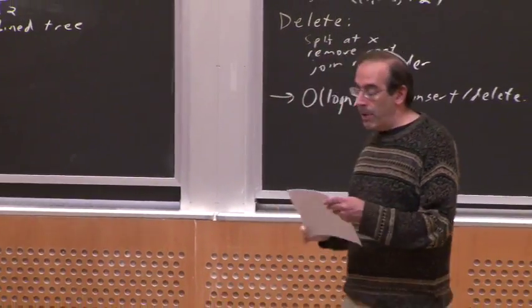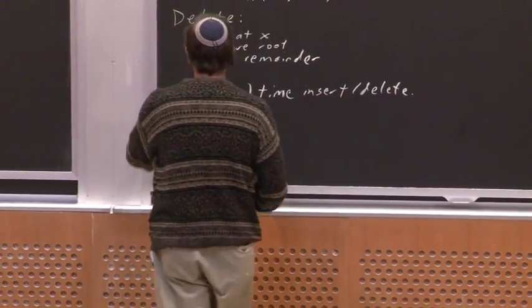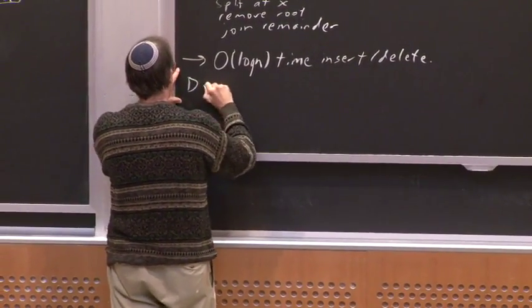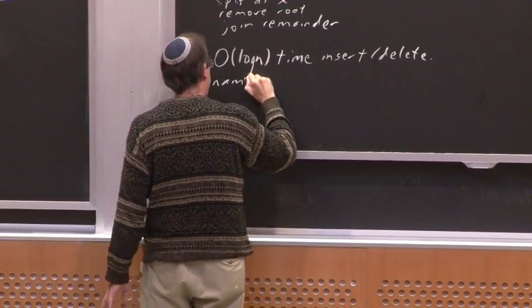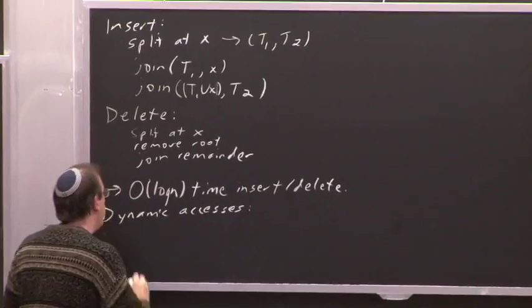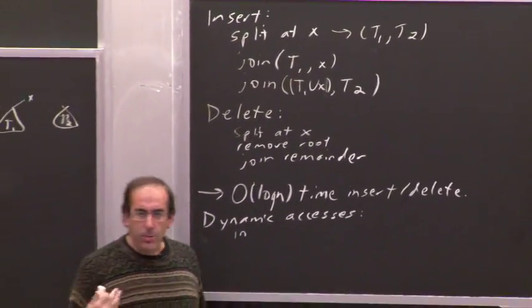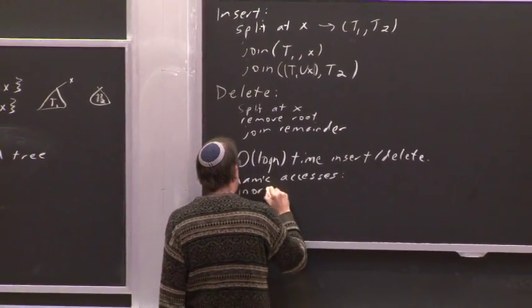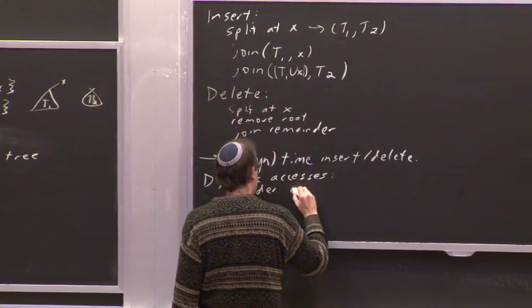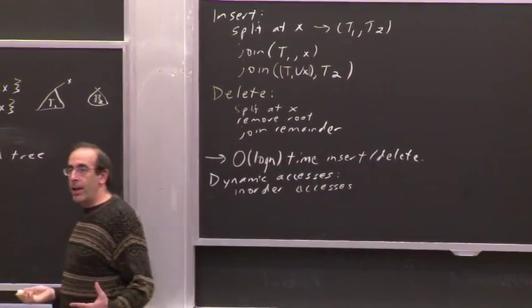Okay. But here's another quick note about dynamic access. One thing that has been proven, and this shows you the state of knowledge of dynamic optimality, is one of the most obvious things to consider: in-order accesses. So suppose I have an n-node splay tree.